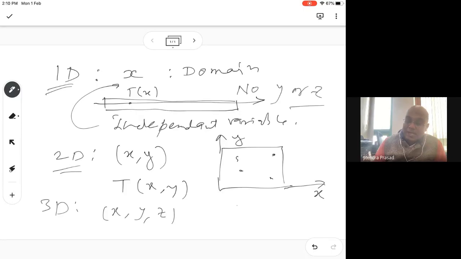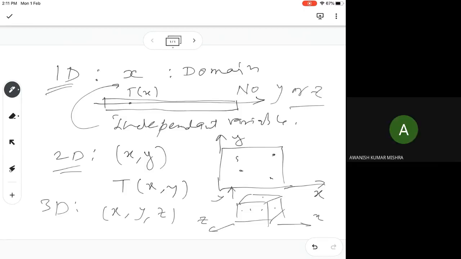Let us say you have an object which is 3D, something like this. You have X, Y, and let us say Z in this direction. Accordingly, you will have different points depending on X, Y, Z, and different temperature. So this is how 1D, 2D, 3D are different. Got it?